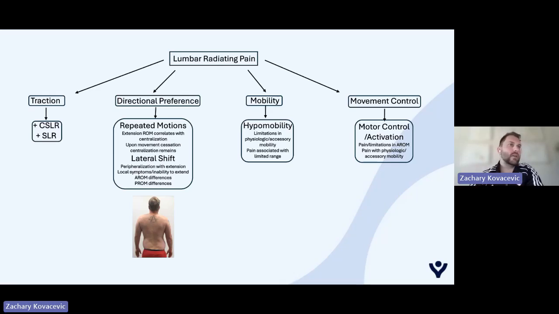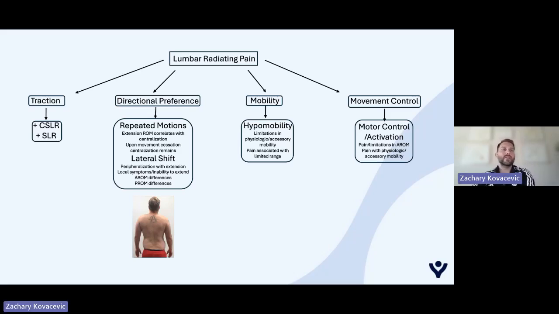We'll talk about some of the active and passive range of motion differences you'll see in the coming slides. But note that what you might visualize is a little bit of lateral shift, and we have to address that prior to addressing the environment to centralize symptoms, okay?